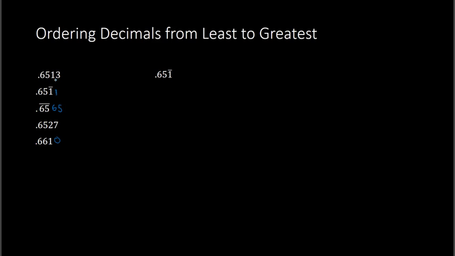That's the next biggest. And then from there is 0.6527. That is the next biggest number. And then after that, we have 6565. That's bigger than 6527. So that's the 0.65 repeating one. And then after that, we have 0.661 as the last one.